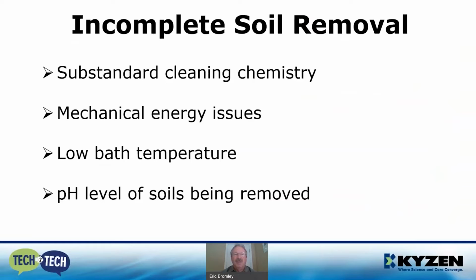Incomplete soil removal: it could be the cleaning chemistry may not be doing the job for you. If it's not completely removing the oils and coolants, it'll pass through the rinse, and when the parts come out of the cleaning process, either through the rinse or the dry, you'll see spotting or streaks that could be a result of poor cleaning. Mechanical energy issues with the cleaning equipment can also cause this spotting and streaking.